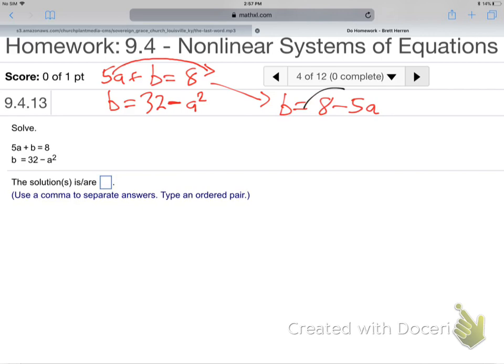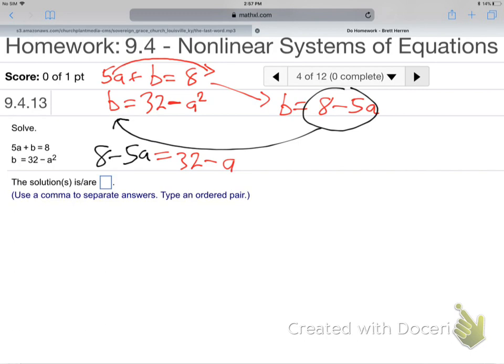So b is 8 minus 5a. So plug that in for b in the second. So 8 minus 5a equals 32 minus a squared.